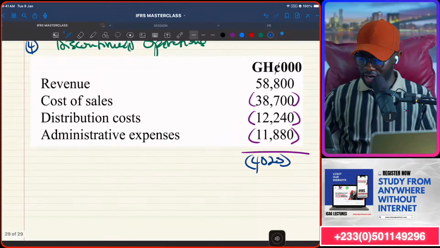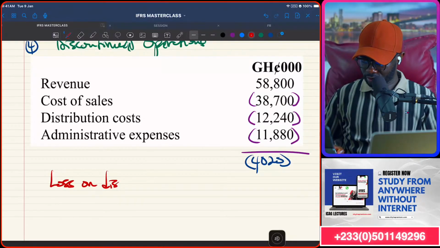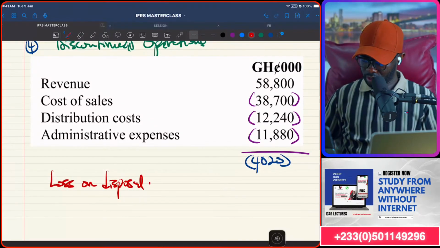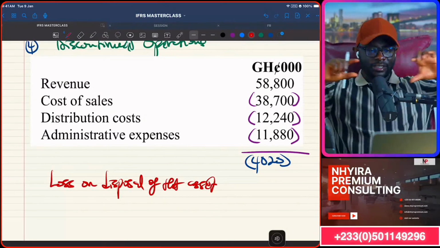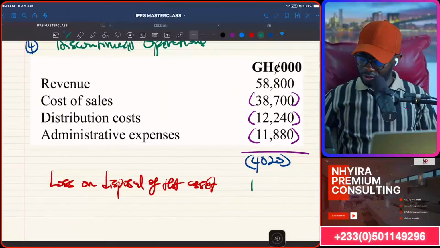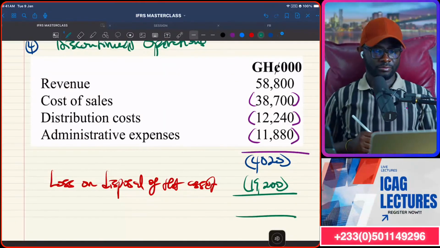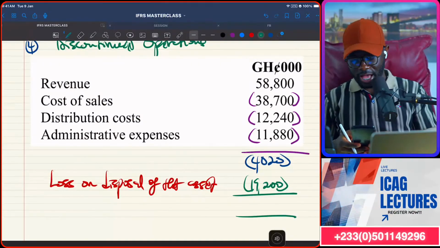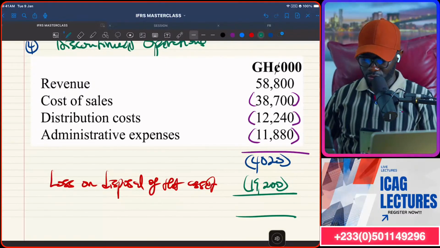So we bring in the loss on the disposal in addition to it. Of the net assets, so that it will come as a single line item on the financial statement, which is the 19,200. This is how we work this out. So it will be added, and that is 23,220.